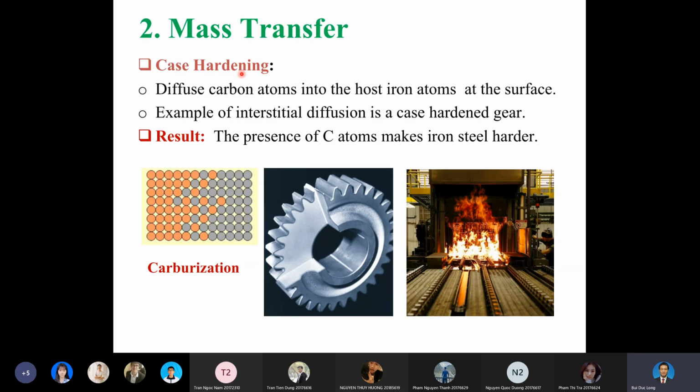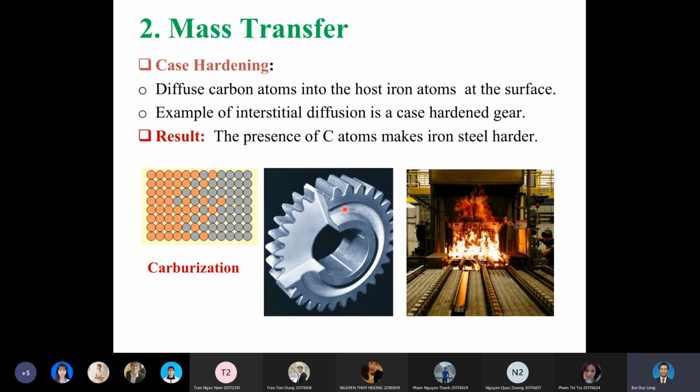And for mass transfer, it involves diffusion of atoms. One very famous example is carburization, to make the surface of the parts, the object, become harder and the wear resistance increase.